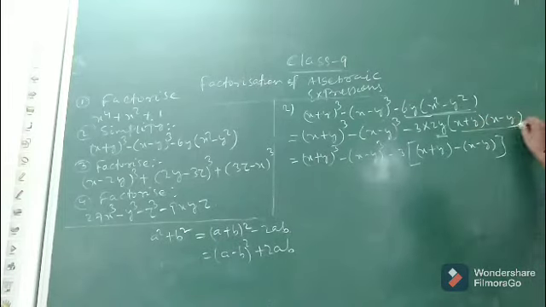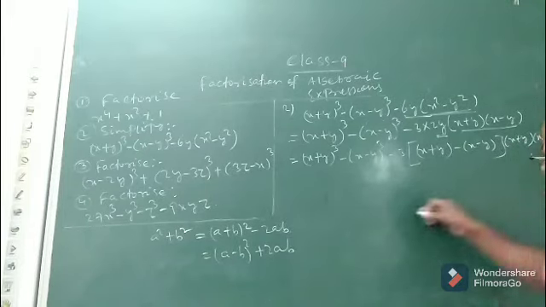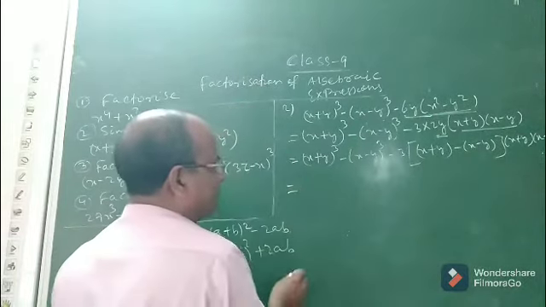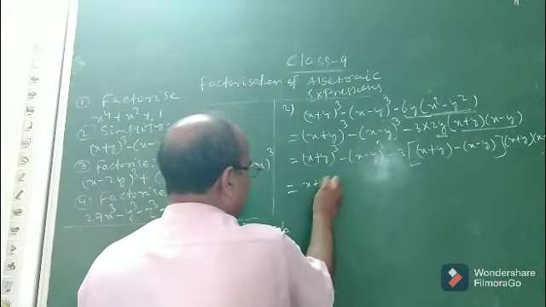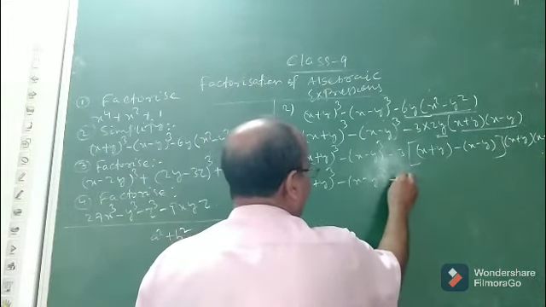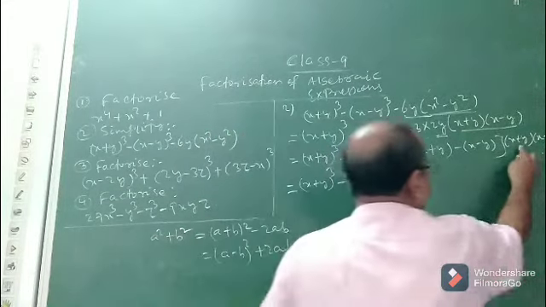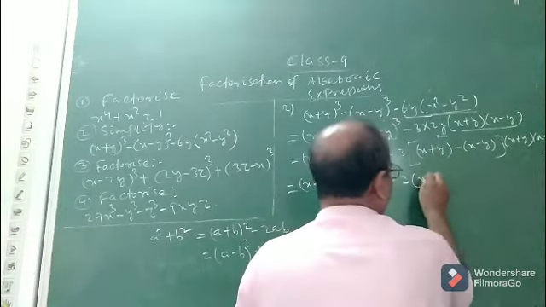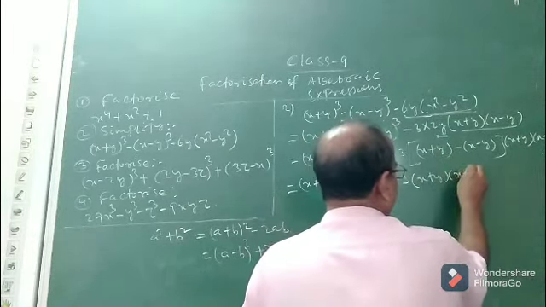Okay, let these two remaining factors be constant, x plus y into x minus y. Okay. Now see, what is the next step? See children, let this be constant: x plus y whole cube minus x minus y whole cube minus 3 into a into b, where a into b is x plus y into x minus y.